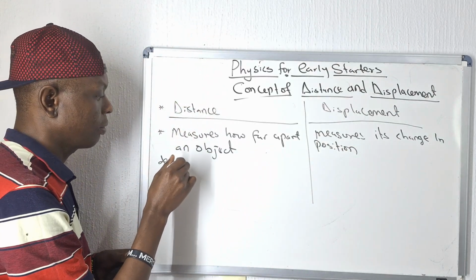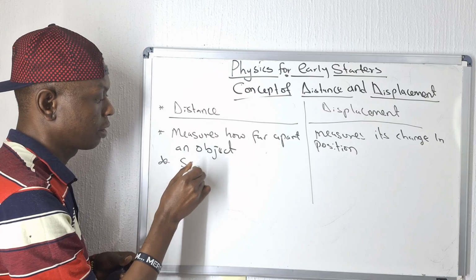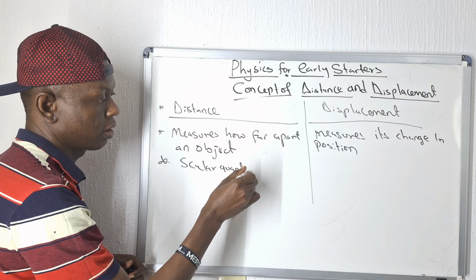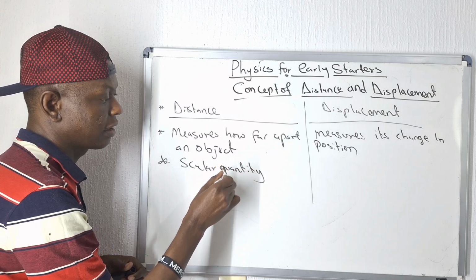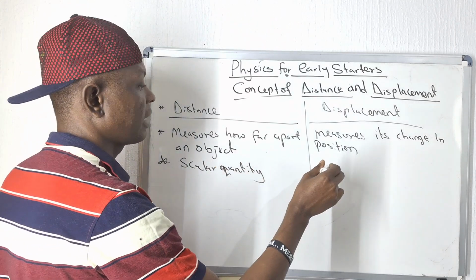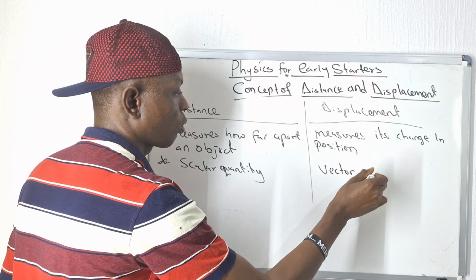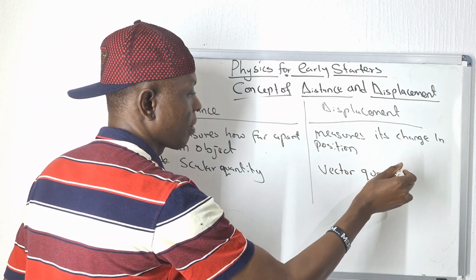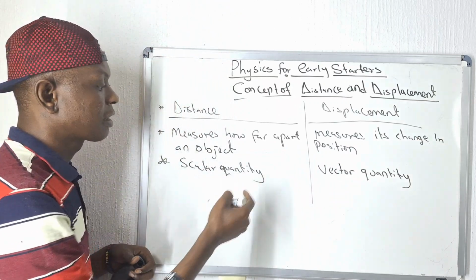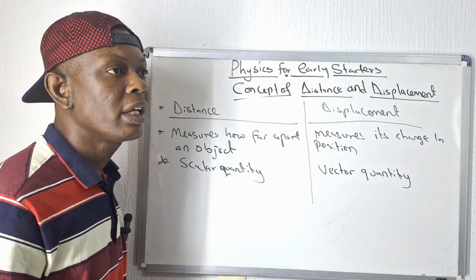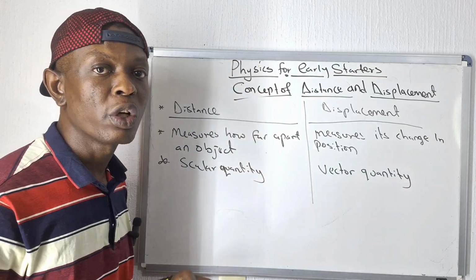Distance is a scalar quantity. Displacement is a vector quantity. It simply means that distance talks about only the magnitude, but it does not talk about direction.